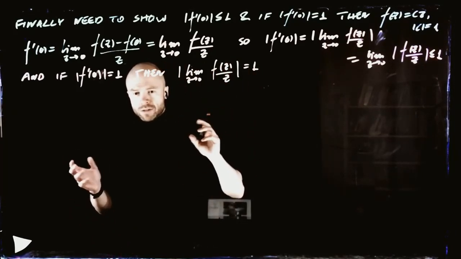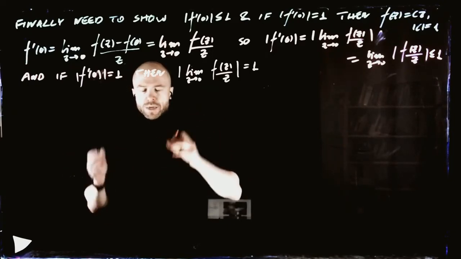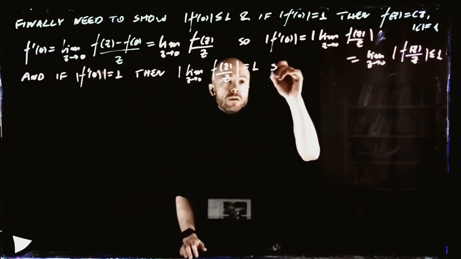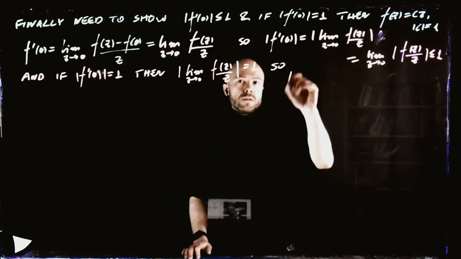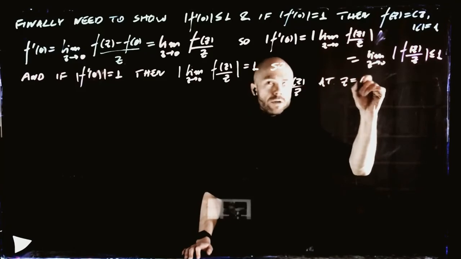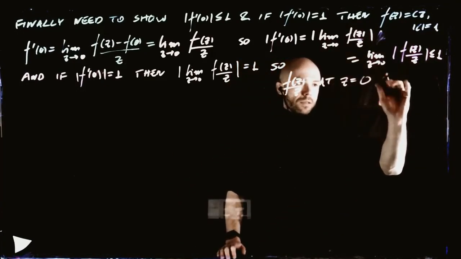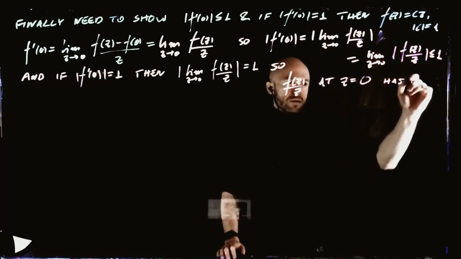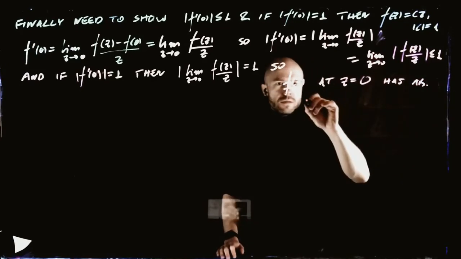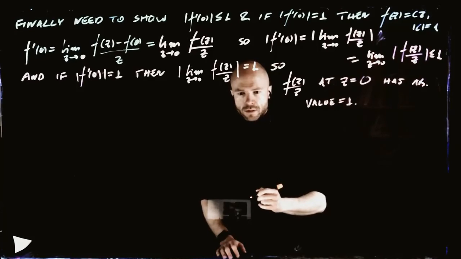And it has some value at 0, yeah? And that value would therefore be equal to 1. Its absolute value would be equal to 1, right? Yeah? So f of z over z at z equals 1, sorry, z equals 0, if I said 1 I meant 0, has absolute value equal to 1, right? Yeah?